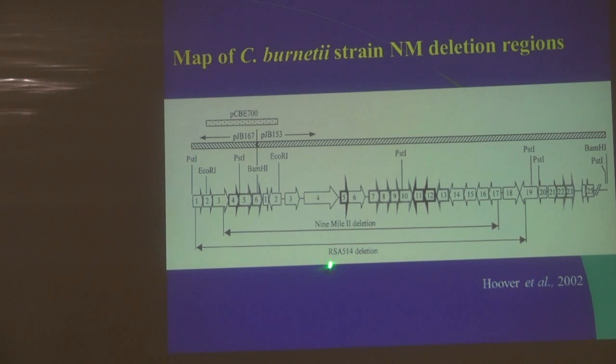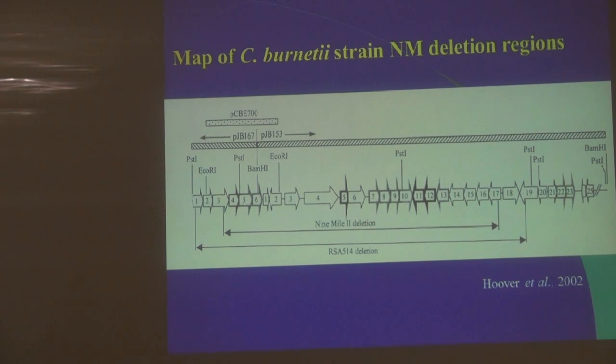But they showed there was another isolate, RSA 514, and its deletion was even larger than the Nine Mile phase 2 deletions.